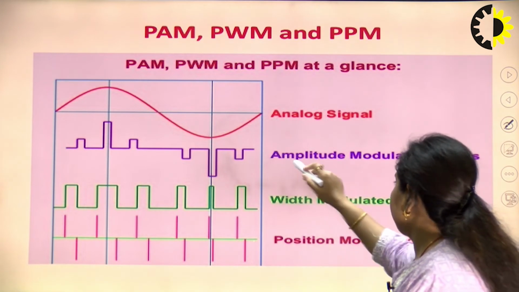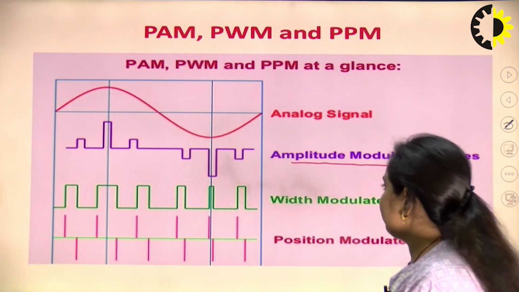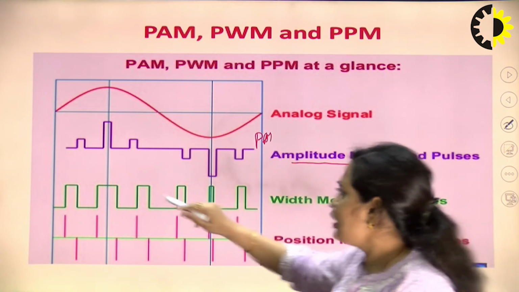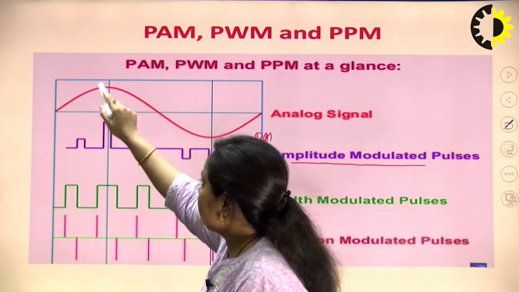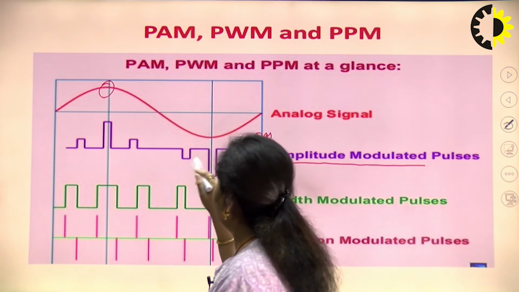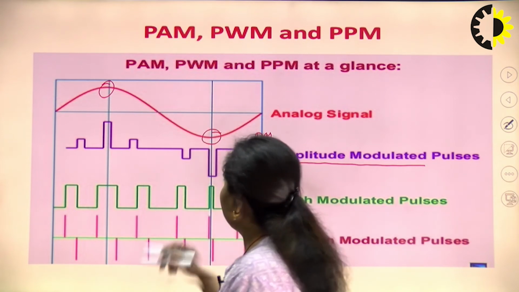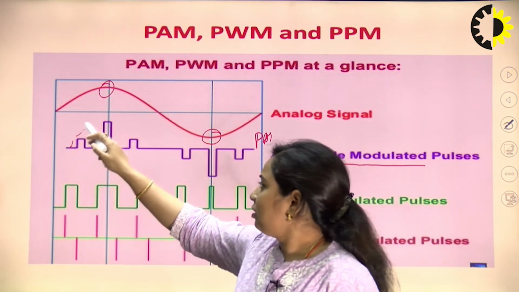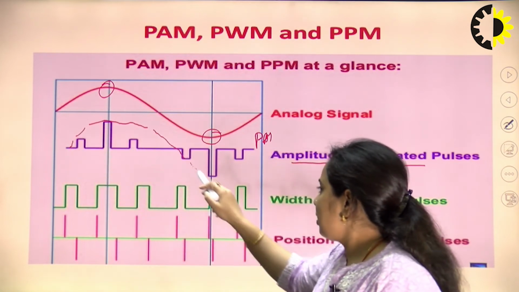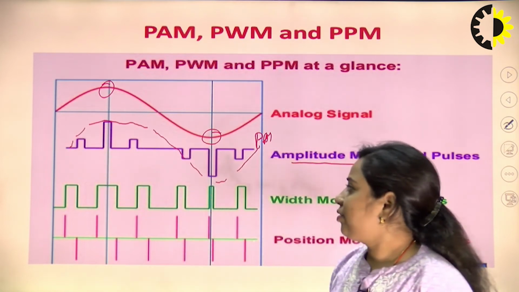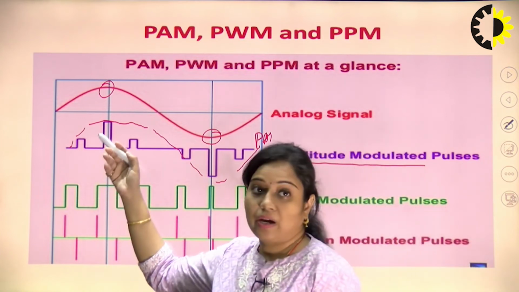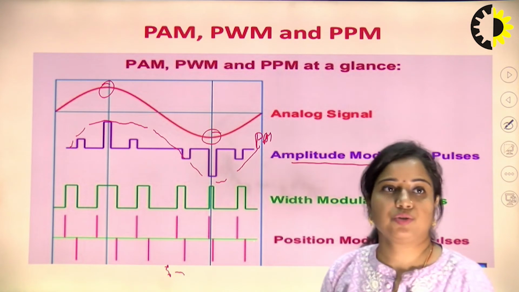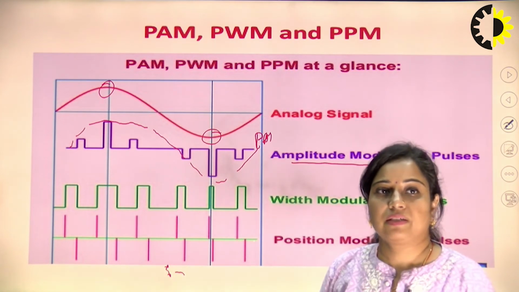So, in case of amplitude modulated pulse, which is PAM, pulse amplitude modulation, the maximum amplitude of the signal lies over here and the minimum amplitude of the signal will be seen over here. This is how the amplitude will be increasing and this is how it will be decreasing. So, we change the amplitude of the pulse of the carrier signal proportional to the amplitude of the message signal.